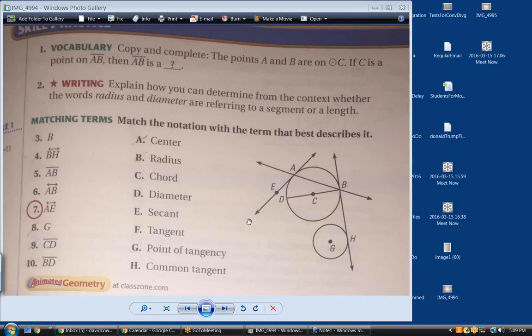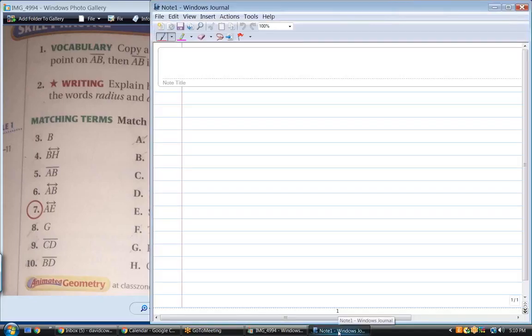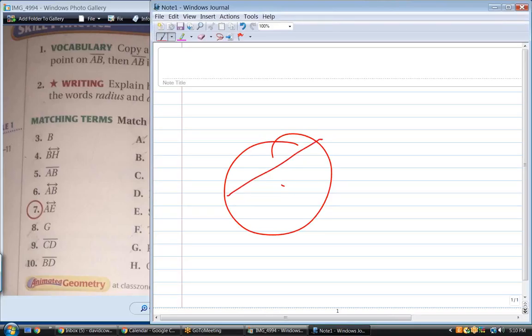AE is a tangent, and BH is a tangent line, but AB is not. It's not tangent to anything. It's a chord. A chord is basically, if I have a circle and I connect one spot of the circumference to another spot, that's a chord.